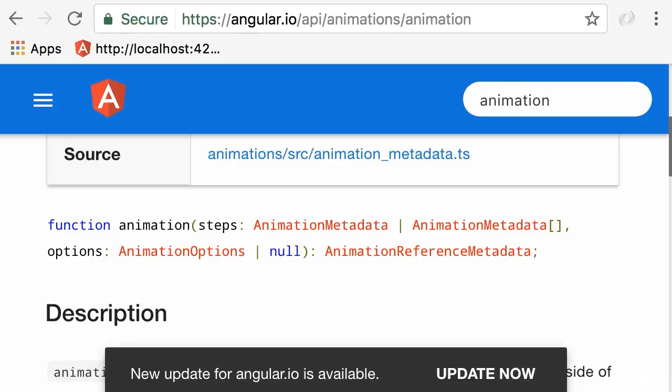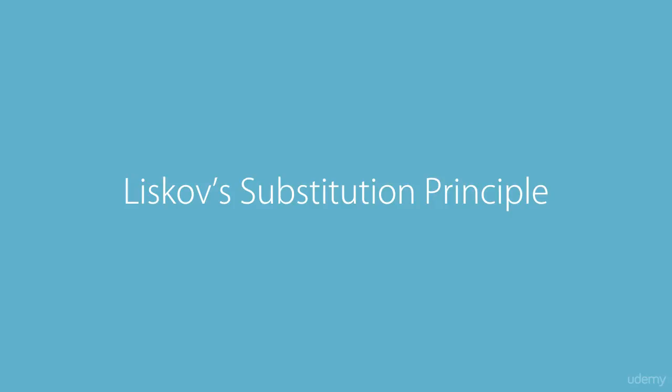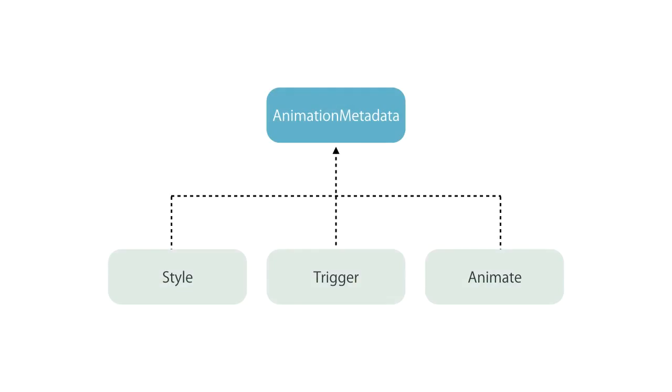But this is actually a design problem in the animations module. If you're more experienced and you're familiar with the SOLID principles of object-oriented programming, there we have a concept called Liskov's substitution principle. So here is a real-world example of the violation of this principle. So Angular team have defined this hierarchy where animation metadata is an interface on the top, and below this we have a bunch of different interfaces that extend this interface.